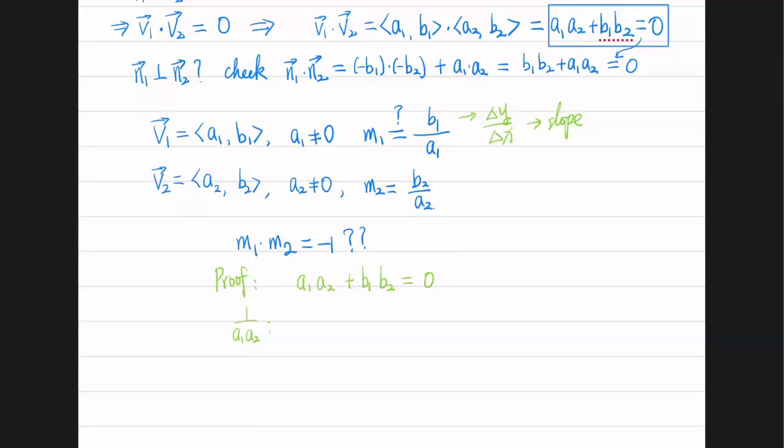What's the first term if we divide by A1, A2? Okay, we start from this equation and divide everything by A1, A2.